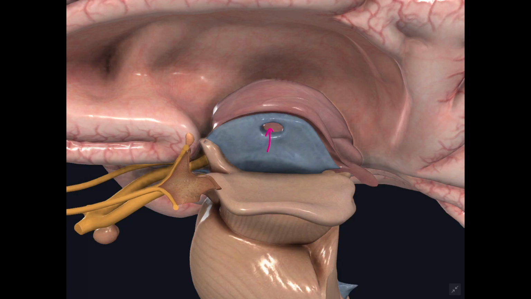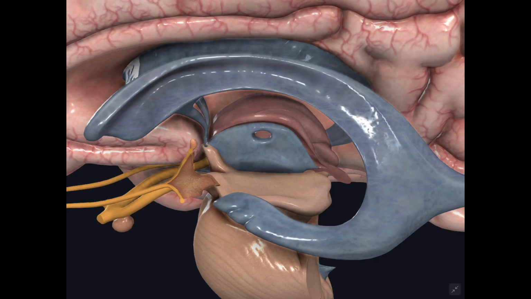This is the third ventricle and this is its lateral wall, formed by the thalamus. It also forms the floor of the central part of the lateral ventricle. This is the lateral ventricle and this is the thalamus.